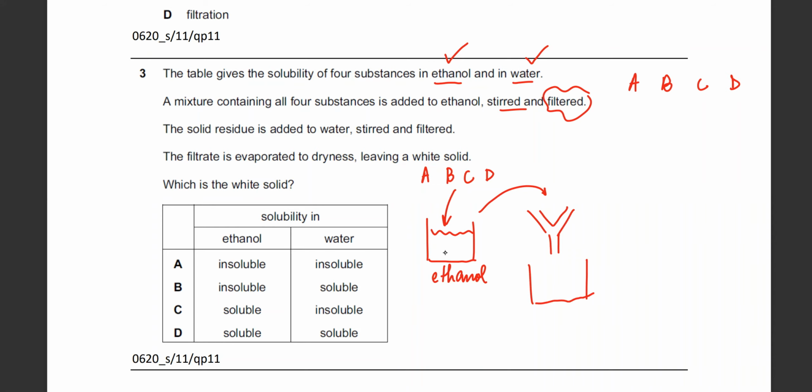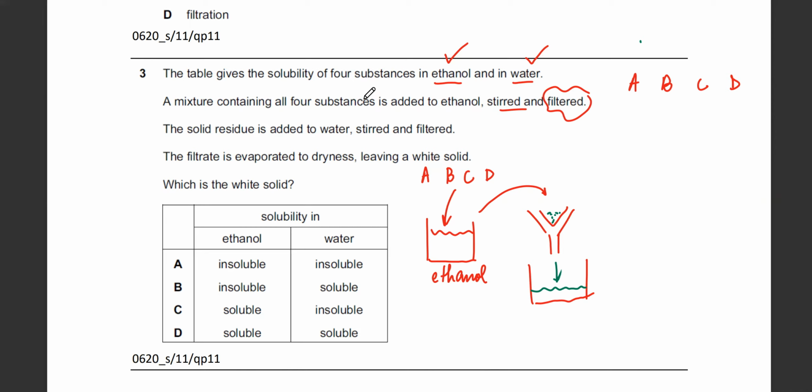So the insoluble substances out of A, B, C, and D would get stuck over here, and the soluble ones will not be filtered. For example, if something is soluble, completely mixed, it's going to pass through the filter paper. If something is insoluble, it would stay behind. So, for example, sand would get stuck over here. But the salt, like a table salt, would be soluble. It would come out as a filtrate at the bottom.